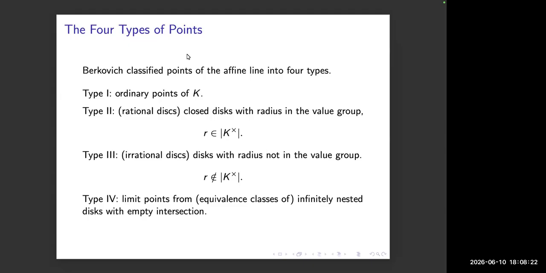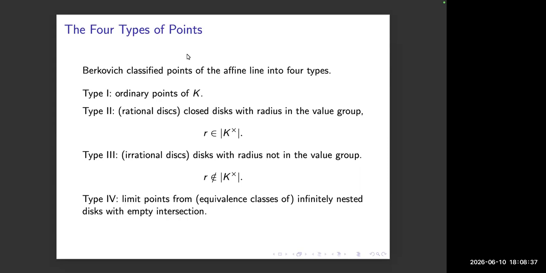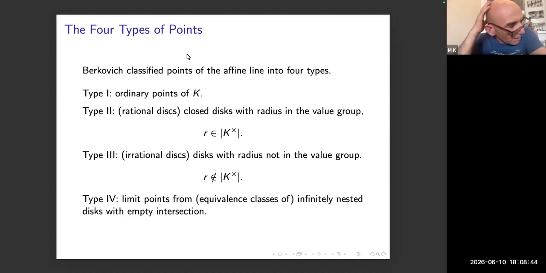The norm of A times B should be equal to the norm of A times the norm of B, not just less than or equal. But why is this true for the supremum norm? Or maybe it's obvious, but it's not clear to me.